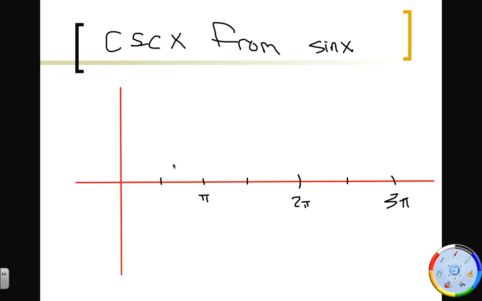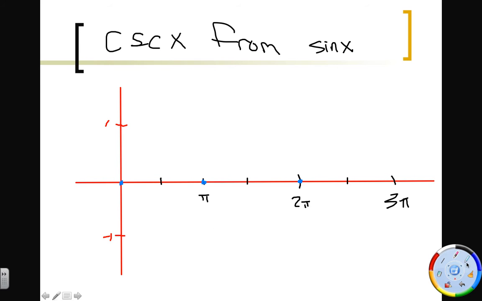All right, so let's think about sine. What do we know about sine? Well, I know that sine starts at 0, 0, ends at 2 pi, 0, and halfway is in the middle. Up 1, down 1.